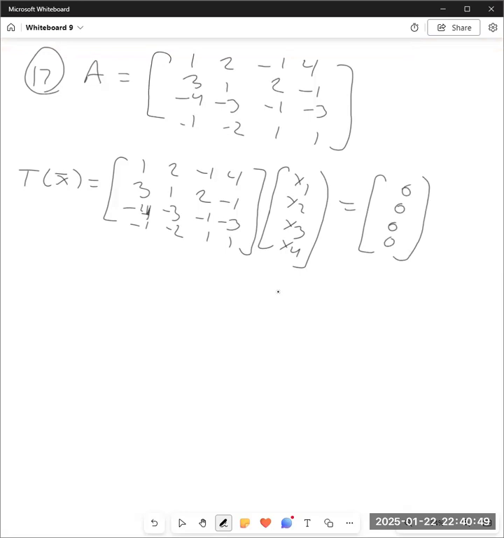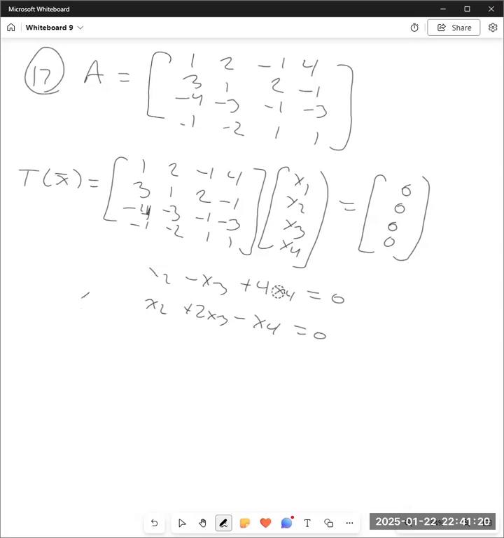That gives me the equation x1 plus 2x2 minus x3 plus 4x4 equals 0, and 3x1 plus x2 plus 2x3 minus x4 equals 0, and negative 4x1 and so on.